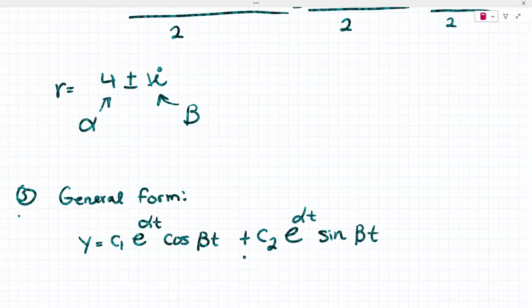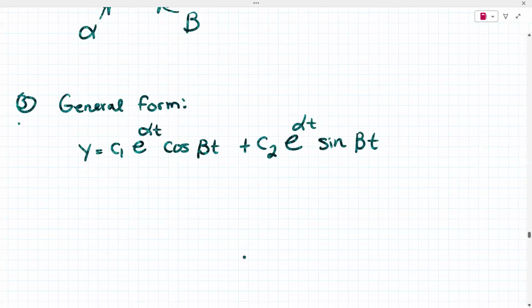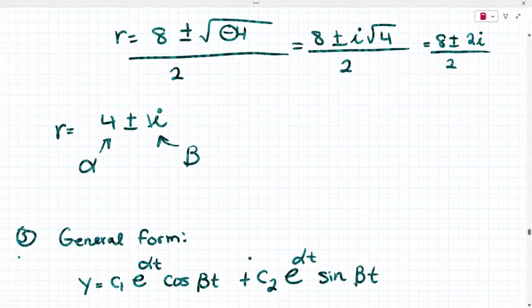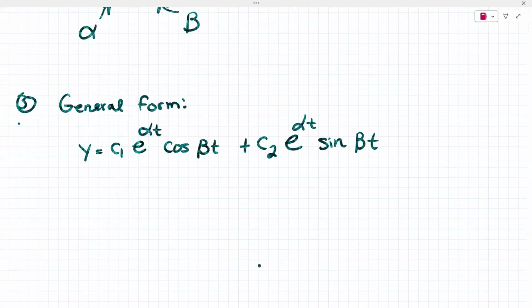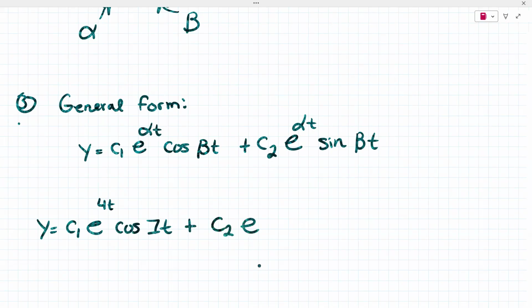Okay, so our alpha was 4 and our beta was 1. So it's going to be y equals C1 e to the 4t cosine of 1t plus C2 e to the 4t sine of 1t. So this is your general solution.